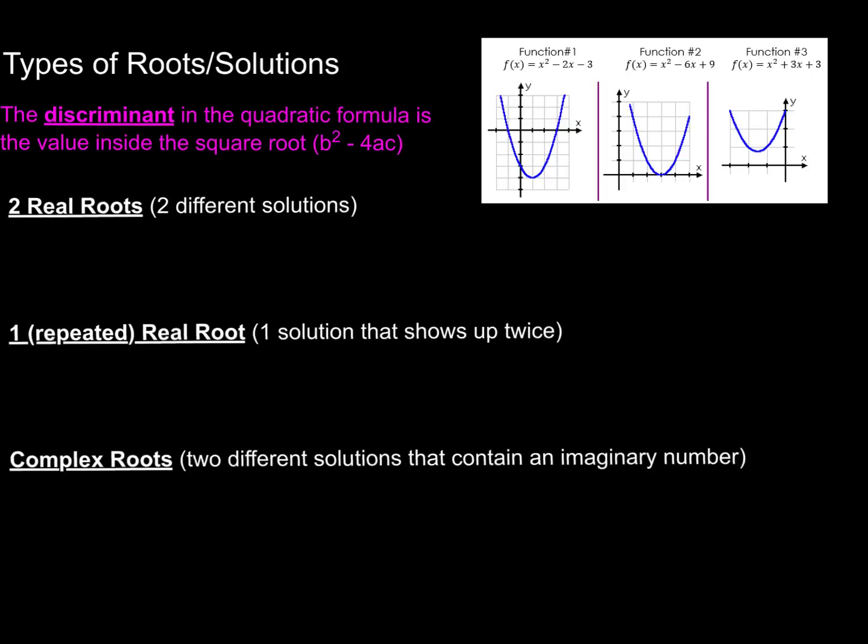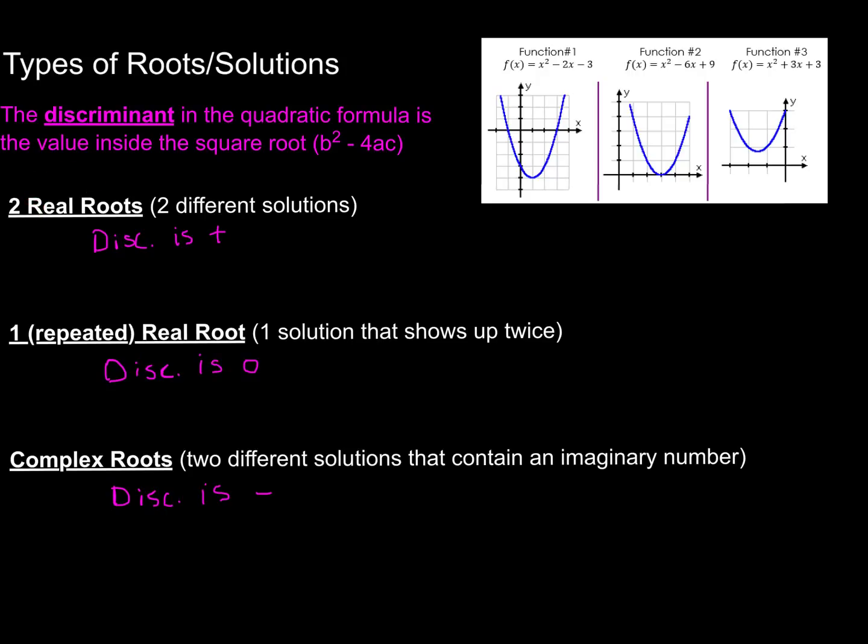So what I'd like you to do is go ahead, copy these down, see if you can recall which situation will be the case if we have two, one repeated, or complex roots, and then we'll quickly go over them. Okay, so hopefully you realize that if the discriminant is positive, we'll have two different solutions, or two real roots.